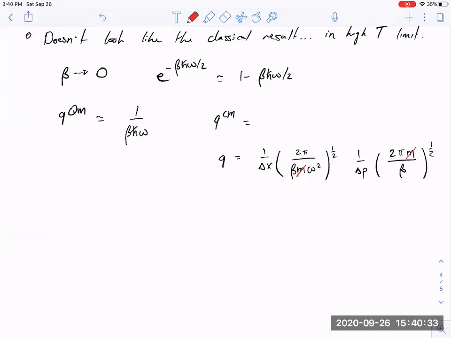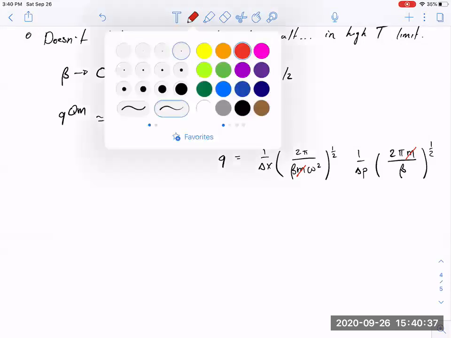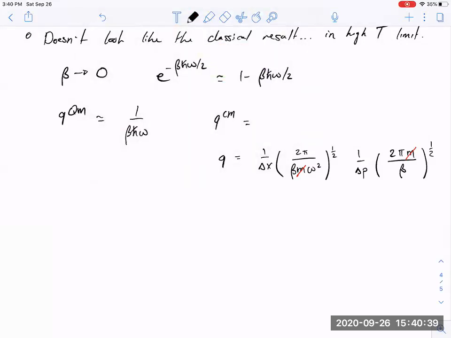I've got a factor of omega squared under the square root. So I could pull that out, and I've got 2 factors of 2 pi. So I'd get 2 pi, 2 factors of beta, square root of gives me 1 factor of beta. And then I have an omega, and I have delta x and delta p.